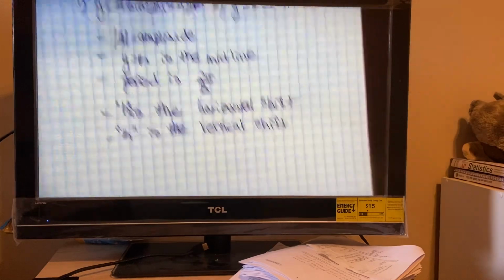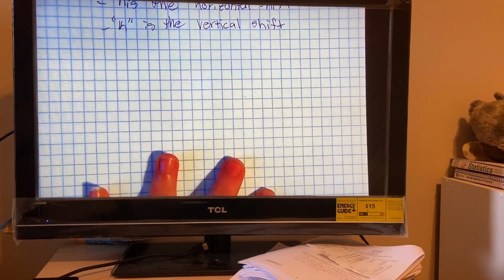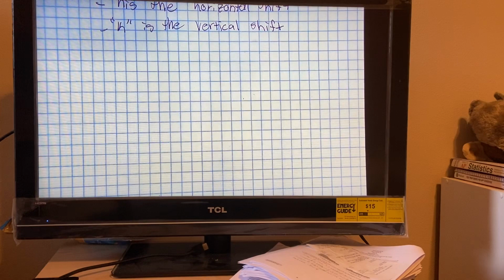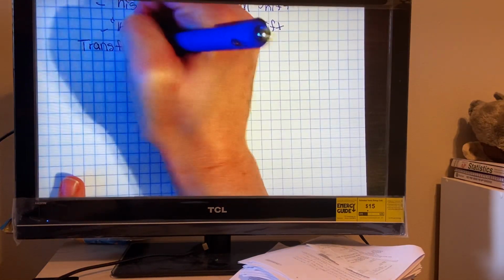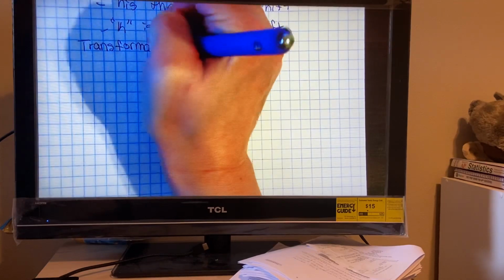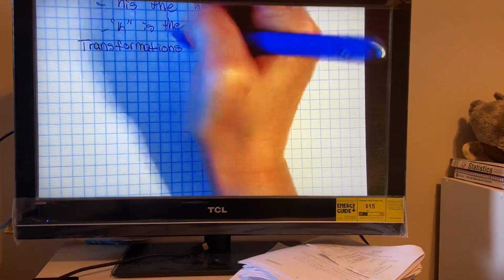Okay, also, there's one other thing that I mentioned when I first did the video, but I didn't get very far into it. The sine and the cosine graphs are nearly identical, and because of that, you can actually transform one into the other. So I'm going to put those here because I will ask you about that. I won't make you use it, but I will ask you about it.